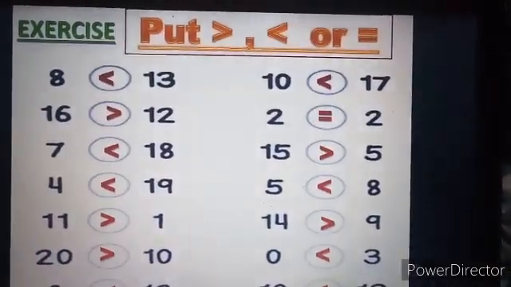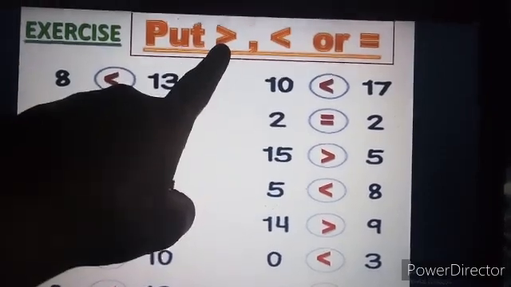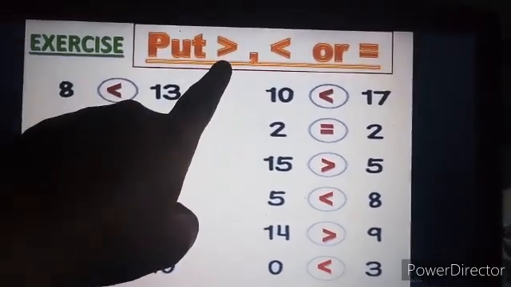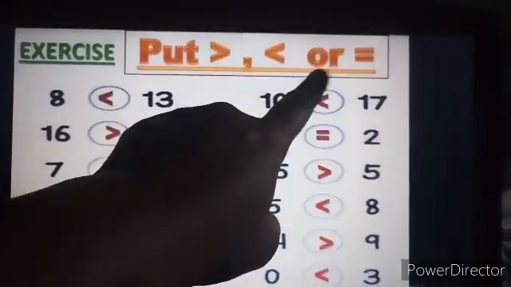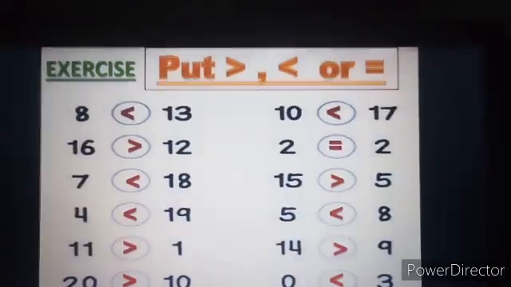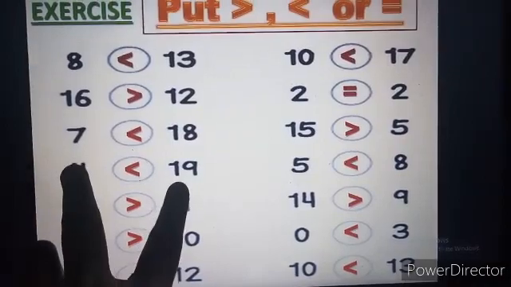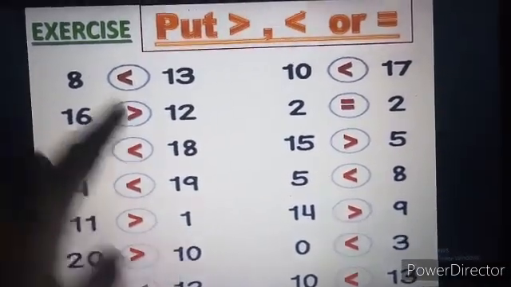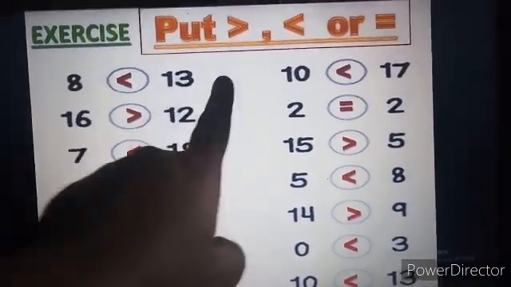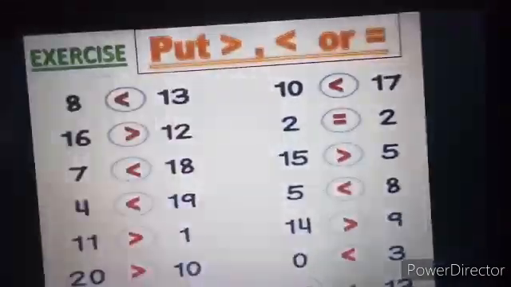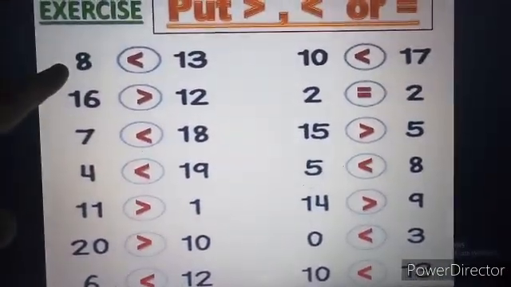See children, put greater than means this symbol you will put, and less than this symbol or equal to. Got it? See children, here the numbers has been given and in the middle you have to put these symbols. Understood?